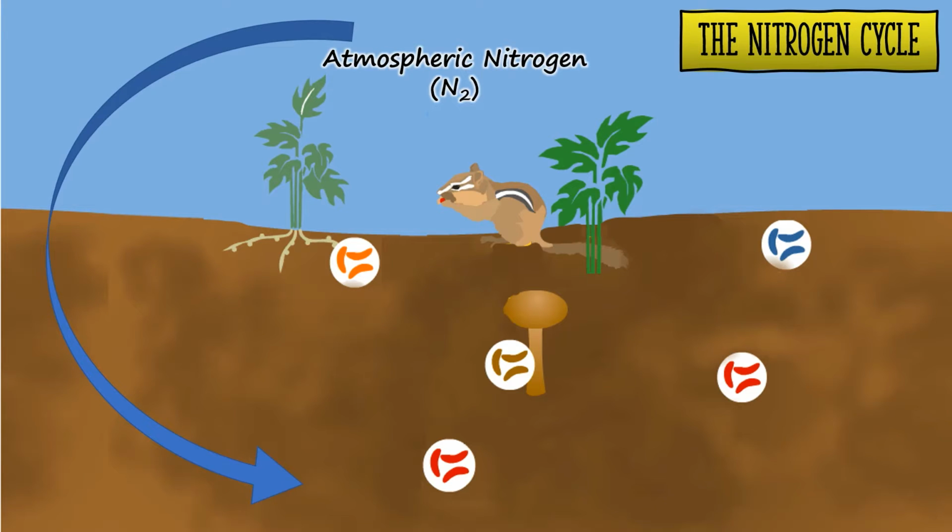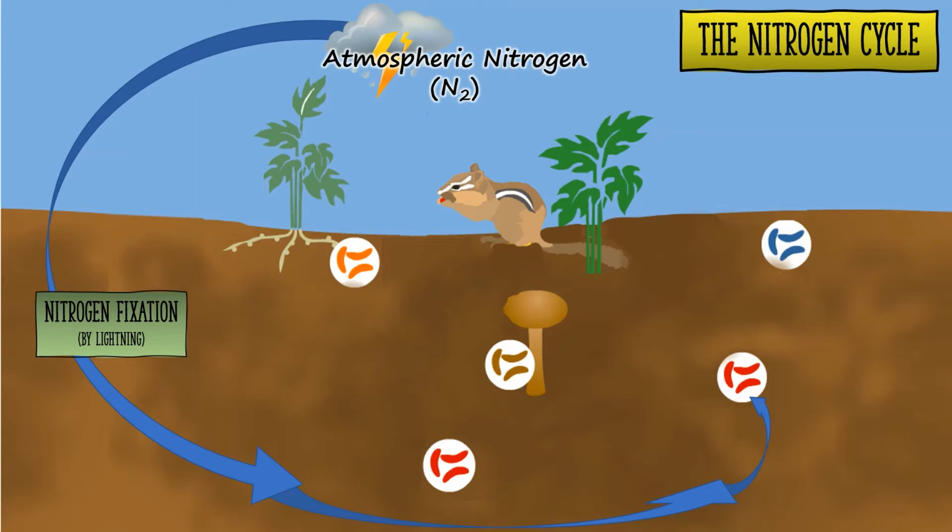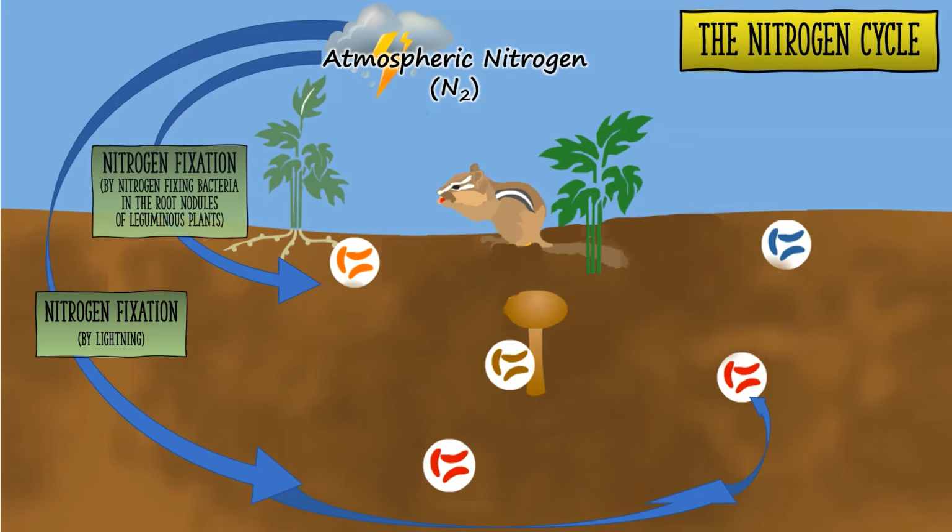So one of the ways atmospheric nitrogen can be converted to a compound of nitrogen is through nitrogen fixation by lightning. And in this process, the nitrogen is converted to nitrates. A second way that atmospheric nitrogen can be converted to compounds of nitrogen is nitrogen fixation by bacteria.